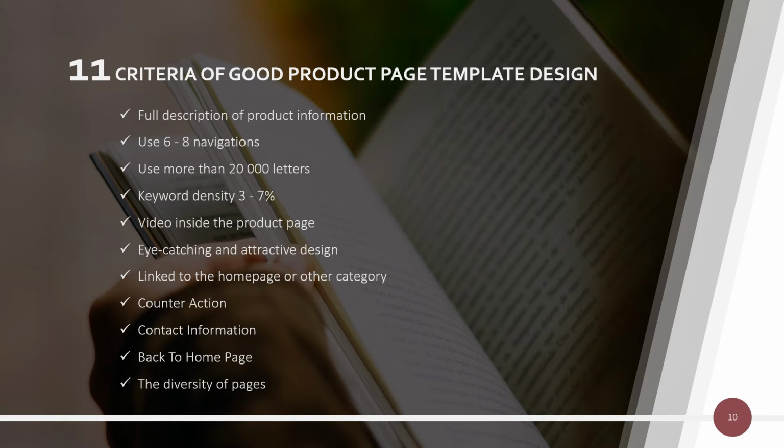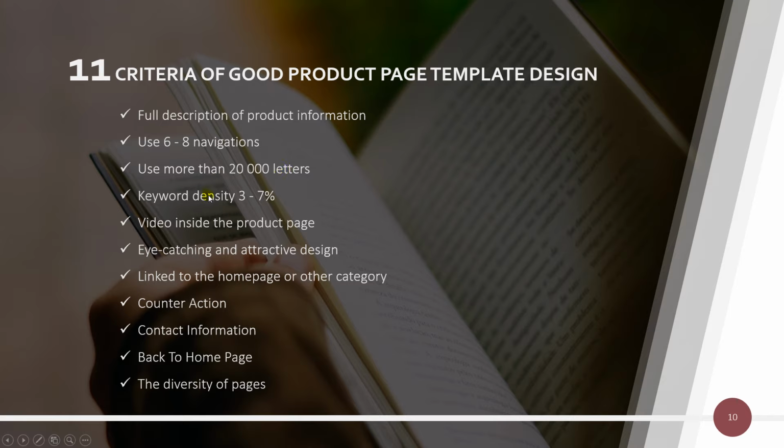So this is a very important part of our product page template design discussion today: the 11 criteria of a good product page template. The first criterion: it needs to have full descriptions of product information. Your information should be clear and provide enough detail. Secondly, it has 6 to 8 navigations. Number 3, use more than 20,000 letters.